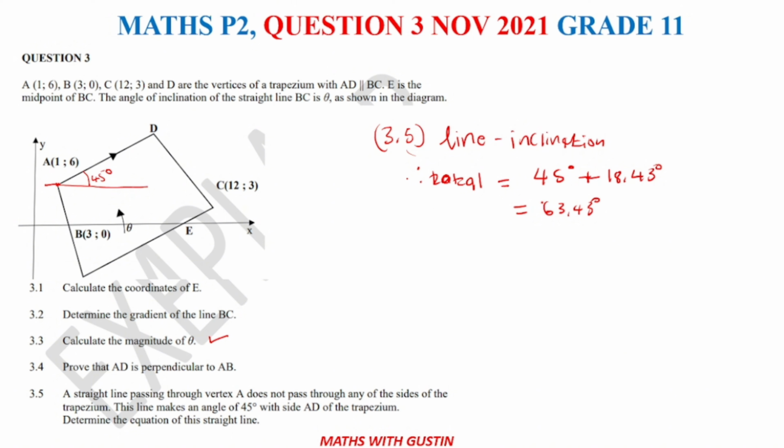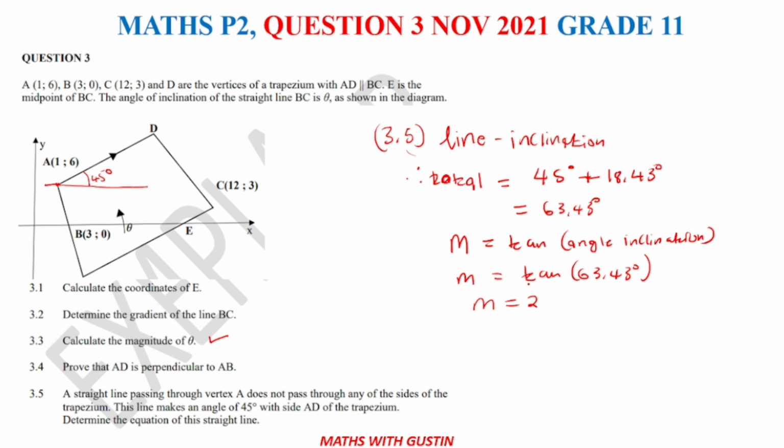All right, so the relationship between the angle of inclination and the gradient is given by: the gradient of a line is equal to tan of the angle of inclination. So if we have the angle of inclination, we can find the gradient for this line at point A, which is tan of 63.43, which gives us 2.